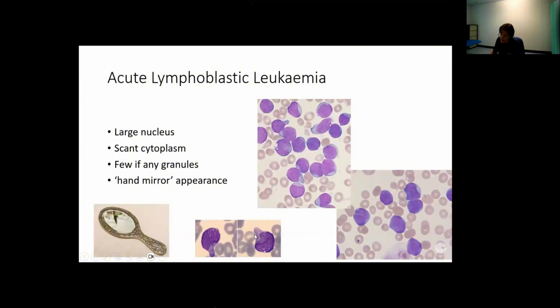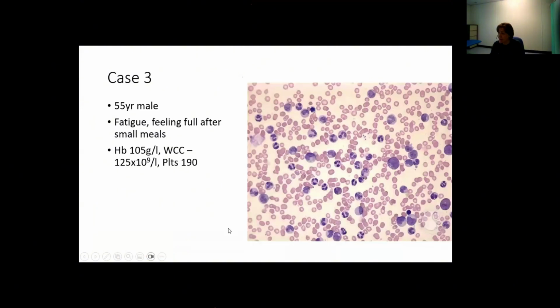This is where you get blasts that have a protrusion of the cytoplasm out, supposedly looking like a hand mirror. And you can tell that, obviously, that was named as such many years ago when hand mirrors were something that anybody used.